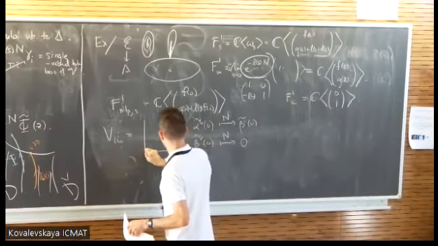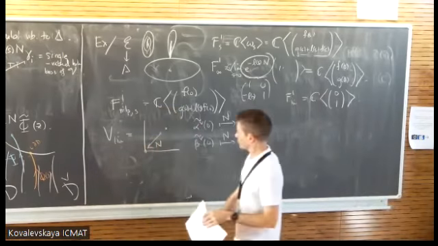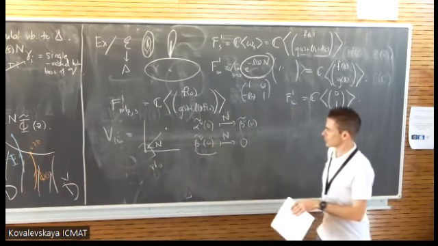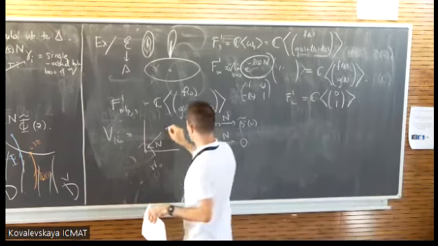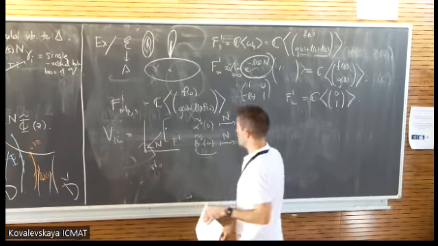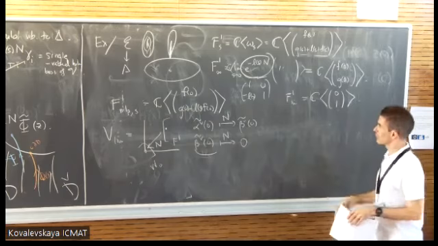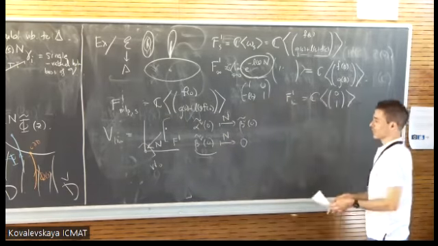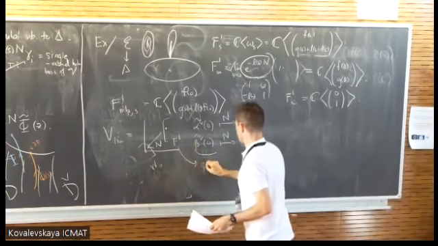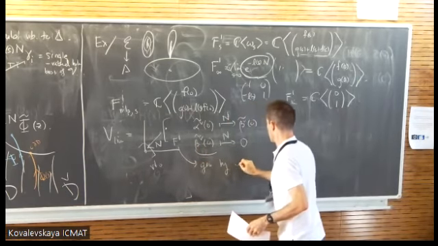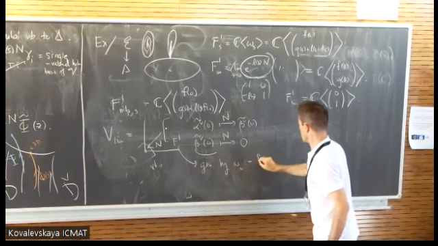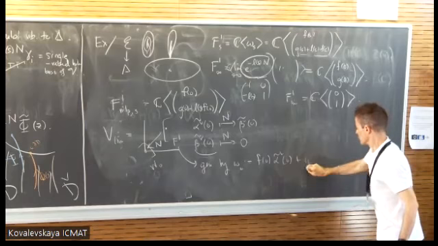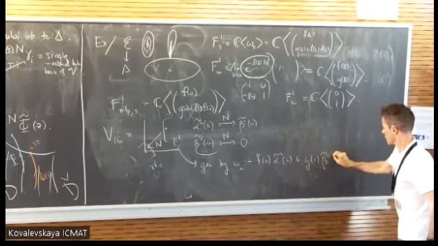So I have a picture that looks like this, where here is my weight 0. It's generated by this class here. And I also care about what my F1 is. That's going to be generated by the limit of this omega s that we have here, which we've just conveniently written down here. So F1 is generated by omega 0 equals f of 0 alpha tilde check of 0 plus g of 0 beta tilde check.